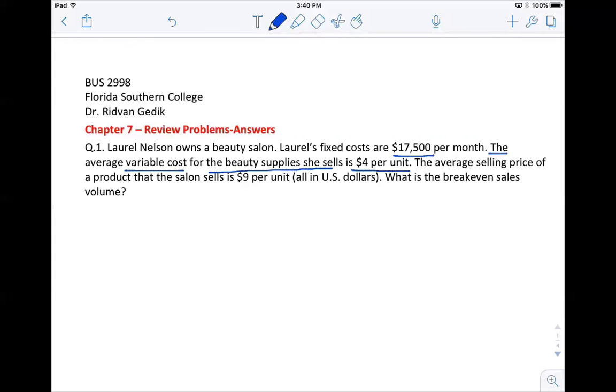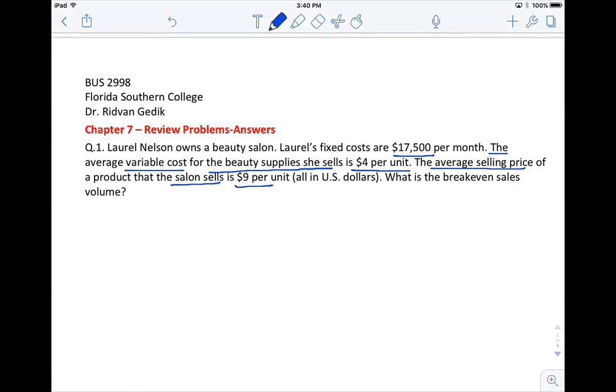This is a varying cost depending on the number of people arriving at the shop in that specific month. The average selling price of a product that the salon sells is $9 per unit.